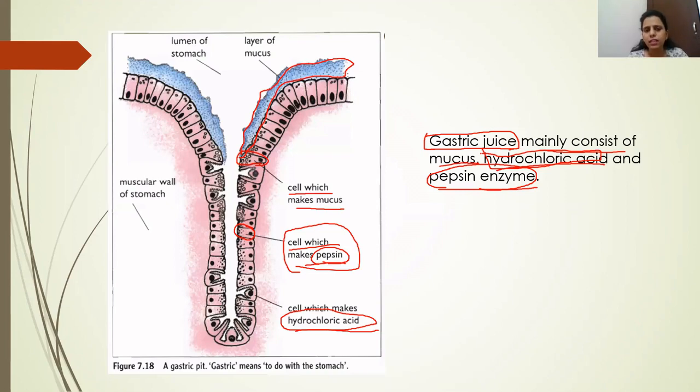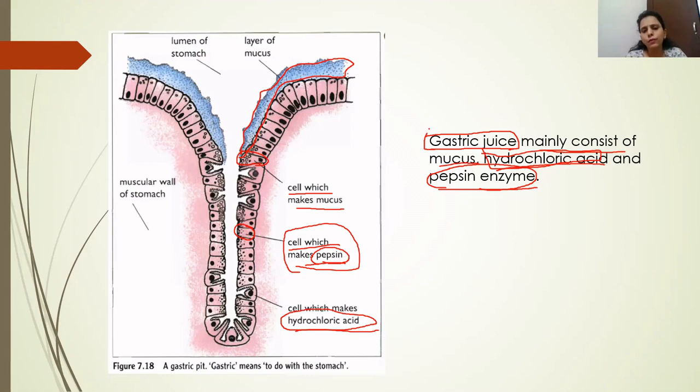Gastric juice also contains hydrochloric acid. This hydrochloric acid should not harm the inner lining of the stomach, because the cells of the stomach are the ones producing it. It should not destroy or damage the cells present in the inner lining of the stomach.